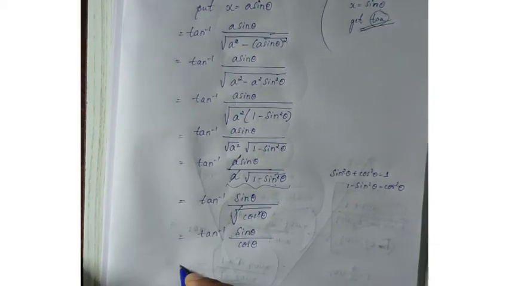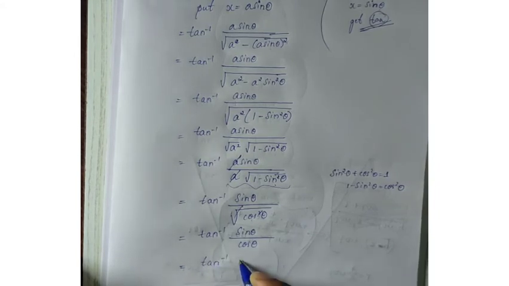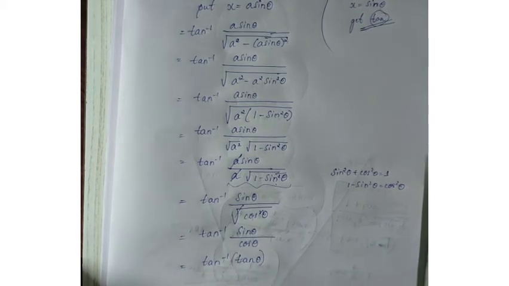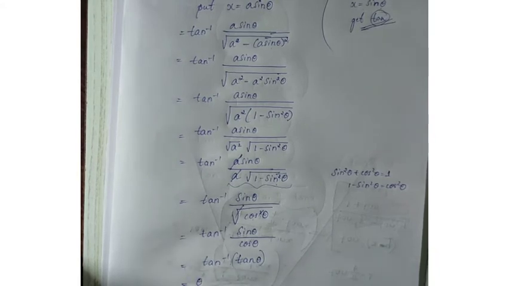What is sine theta by cos theta? That is tan theta. Now tan inverse and tan are inverse to each other, therefore they cancel out, and the remaining is theta.